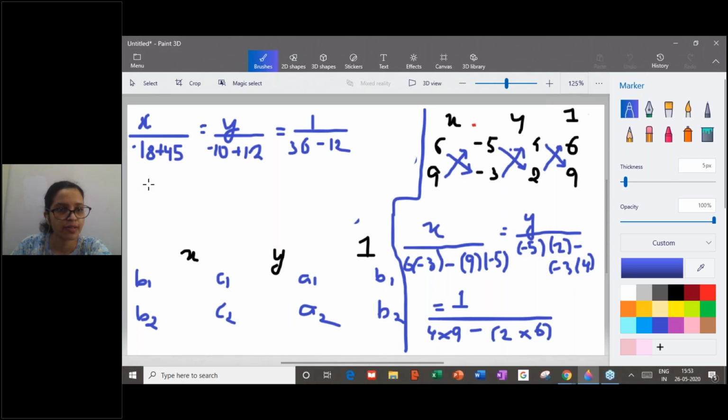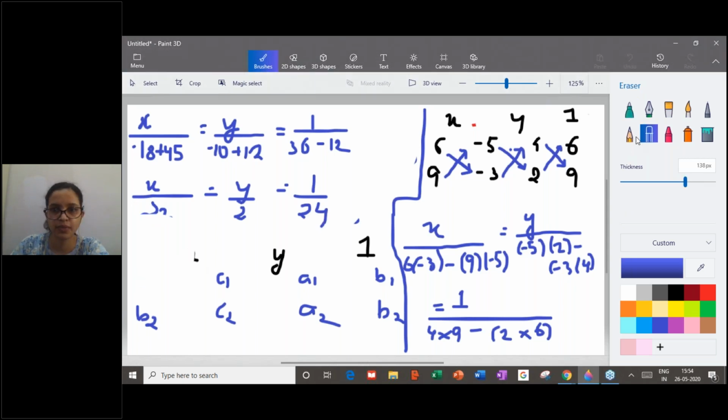Correct? Or simplify it further and write x by 27, sorry, is equal to y by 2, which is equal to 1 by 24. Right? Oops, sorry, this is 27.